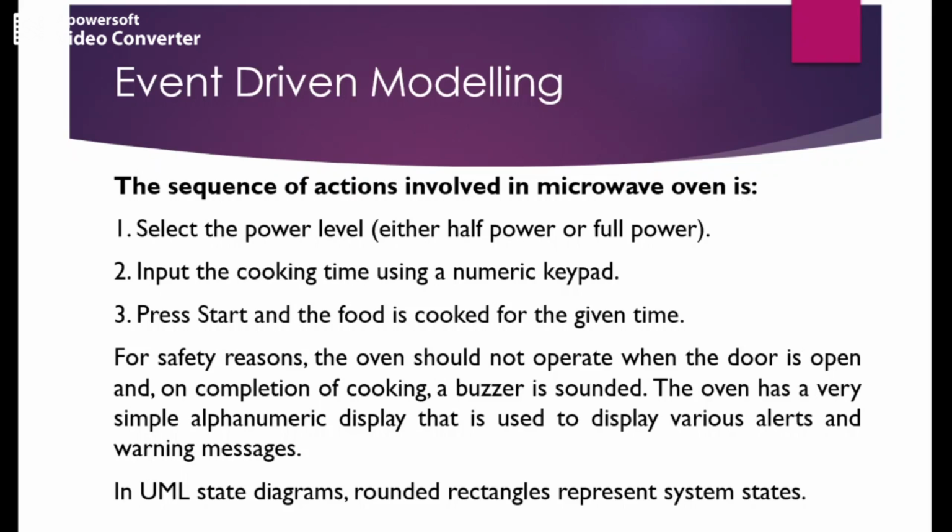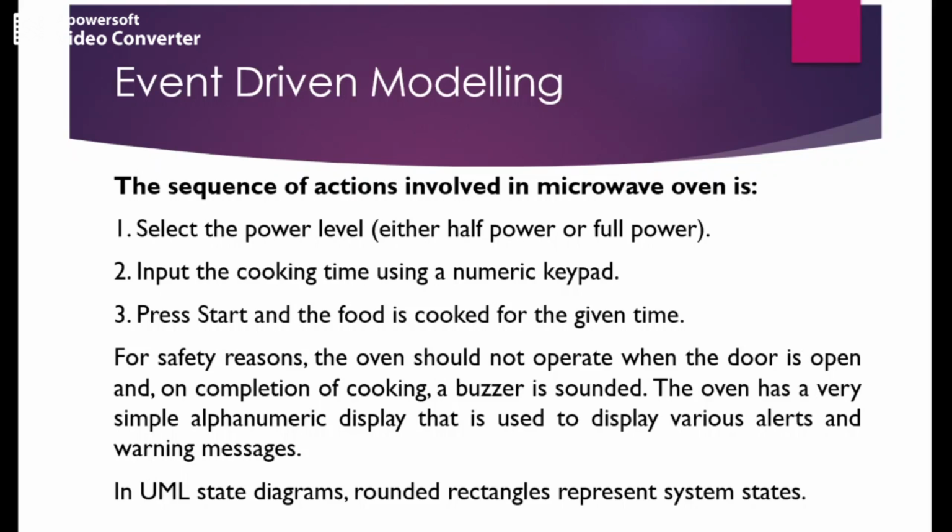Now here you have to consider safety. That is very important. For safety reasons, the oven should not operate when the door is open. Do you agree? The oven door should be closed when you are operating. On completion of cooking, a buzzer sound will be given.